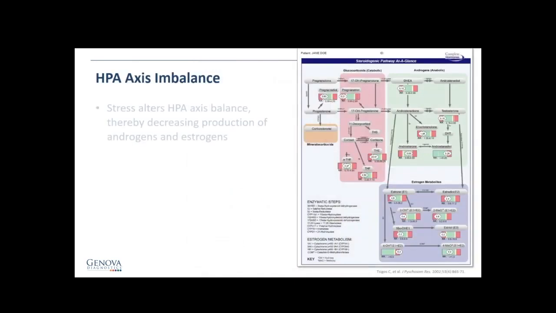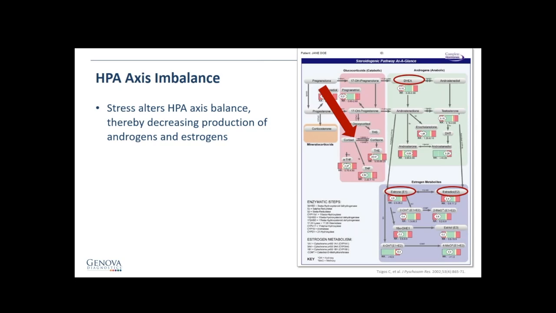So, the HPA axis and imbalance. Stress alters the HPA axis balance, so it decreases the production of androgens and estrogens. The red line is that stressor. That could be toxic exposure, infection, inflammation, physical stress, mental stress, any of those stressors that will pull pregnenolone and progesterone towards the production of cortisol and the glucocorticoids, the red area, possibly to the detriment of the androgens, the DHEA and the testosterone further downstream.